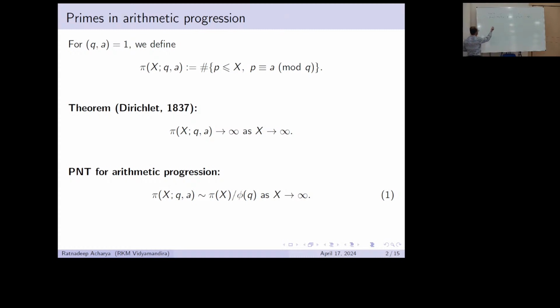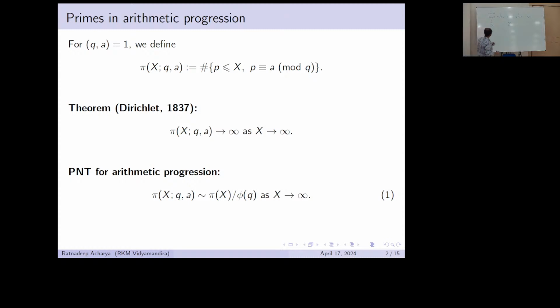Because from here you can see that this is asymptotic to π(x) over φ(4), and this is also asymptotic to π(x) over φ(4). It is π(x)/2, π(x)/2. And this is 1, this is 0. We can ignore these finitely many primes.